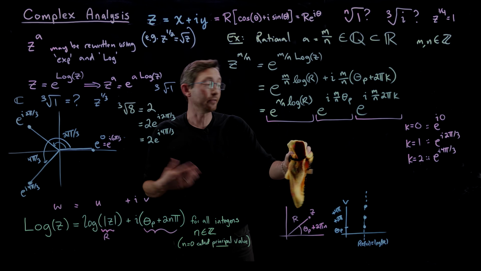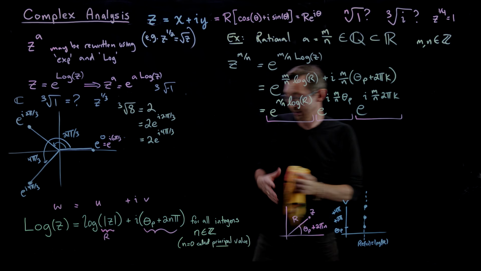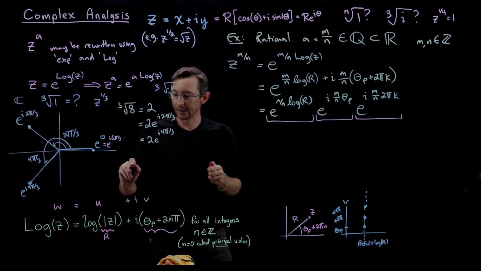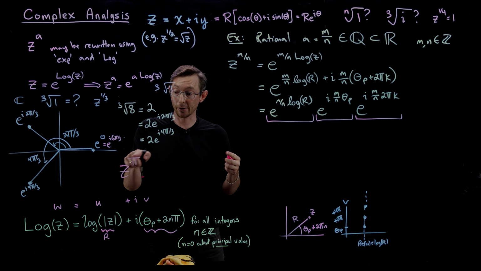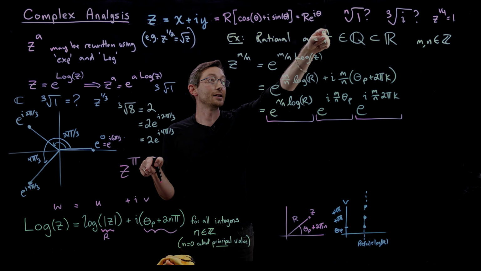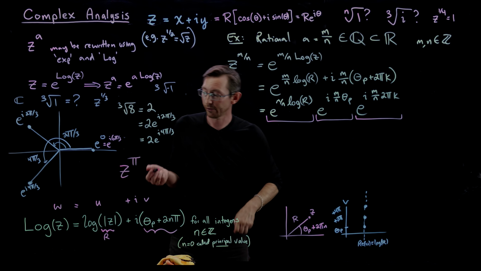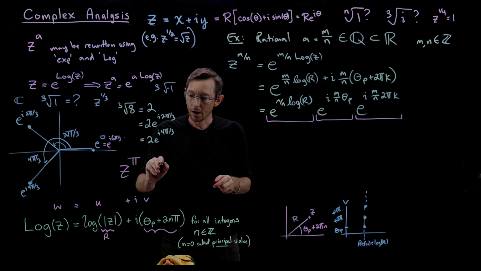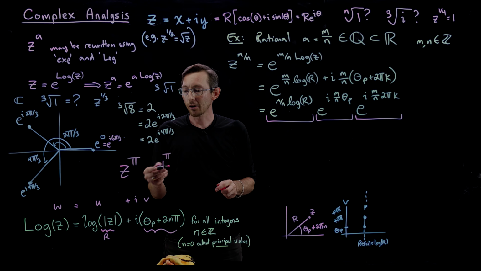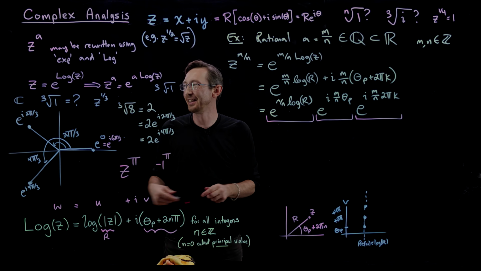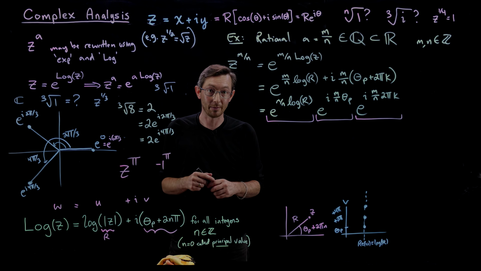There's some really weird stuff that happens if you take z to an irrational number. If I take z to the pi-th power, this is an irrational number. There is not an integer m and n that I can write pi in terms of. And so if I take -1 to the pi-th power, this is super weird, there are infinitely many values of -1 to the pi-th power.